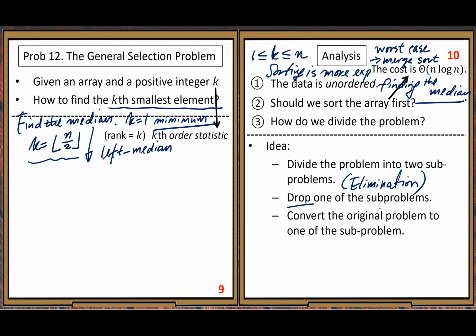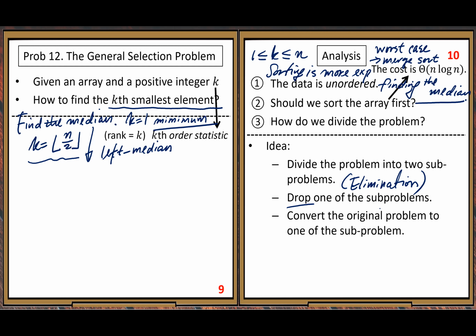Convert the original problem to one of the subproblems. If you can drop one of the two subproblems, you reduce the problem size. Then you do another round of divide and conquer.